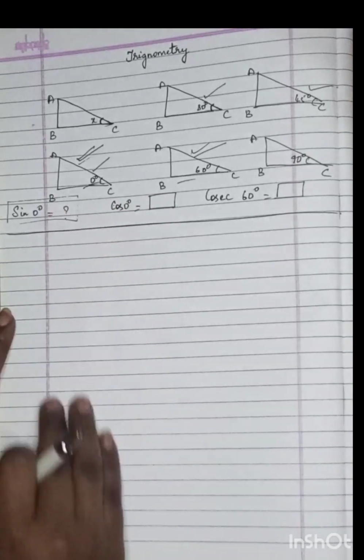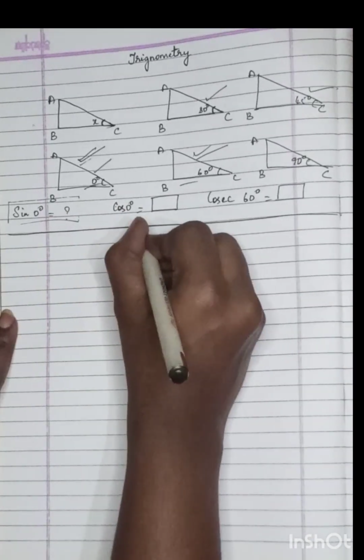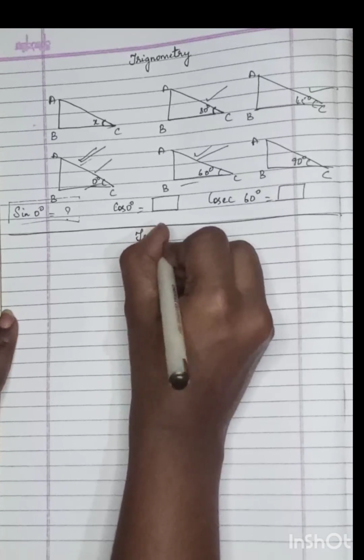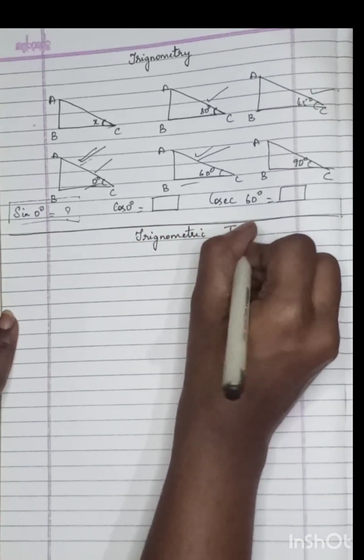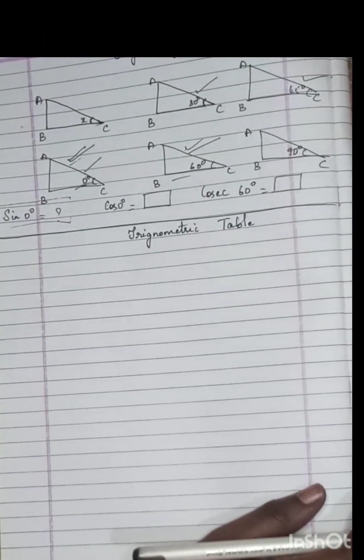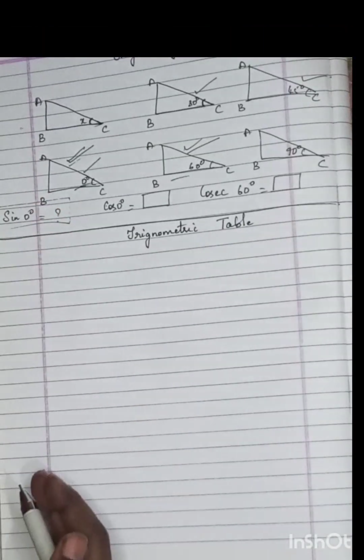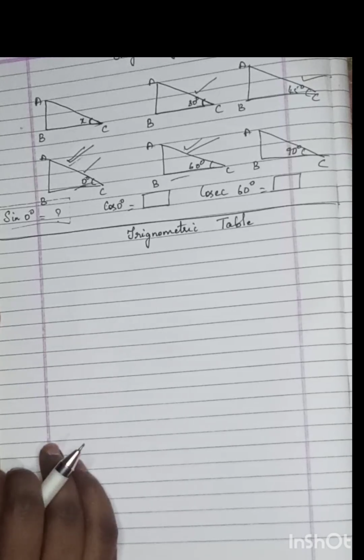So in our trigonometric table, towards our left hand side, we will be having our theta angles.